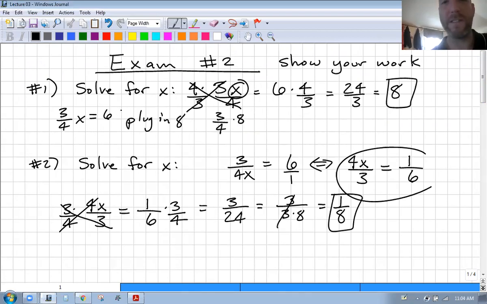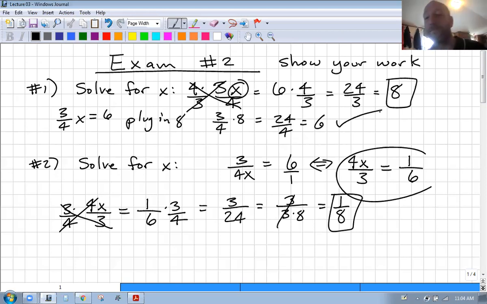And that better equal 6, right? To show that the equation is equal. So 8 times 3 is 24/4. It's 6. Right? So when you work problems like this, don't just get a number and then stop. Take that number and plug it back into the equation and make sure that it's the correct answer.